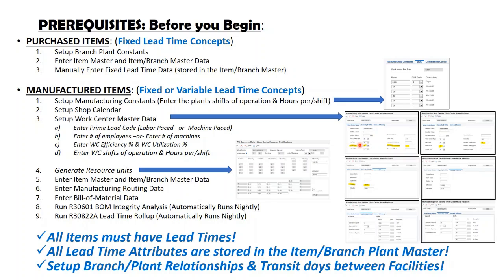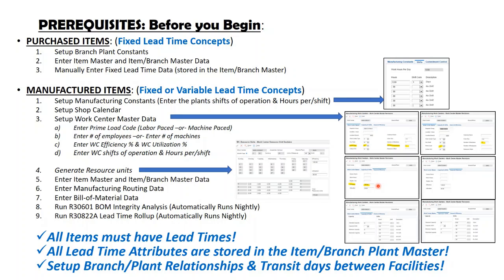If it's a labor-paced work center, users must be aware of the number of employees assigned to that work center, or if it's machine-paced, they must be aware of the number of machines that are running in that work center. Work centers can be efficient or inefficient and utilized or unutilized. And therefore, there are efficiency and utilization percents in these work center masters.